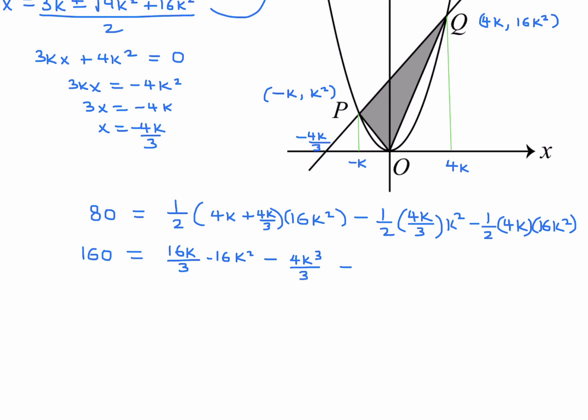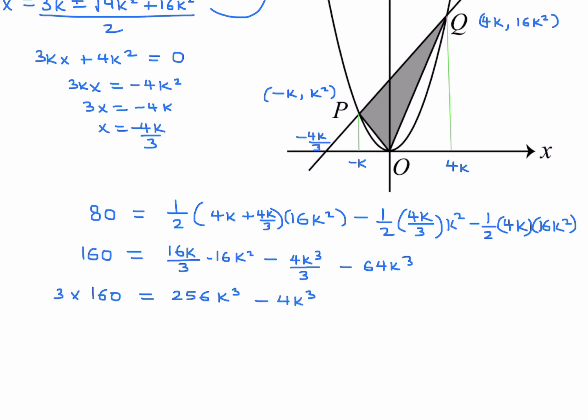And then this is 64k to the power of 3. Okay, this is going to be 256k to the power of 3. And let's just multiply it through by 3 to get rid of the fractions.